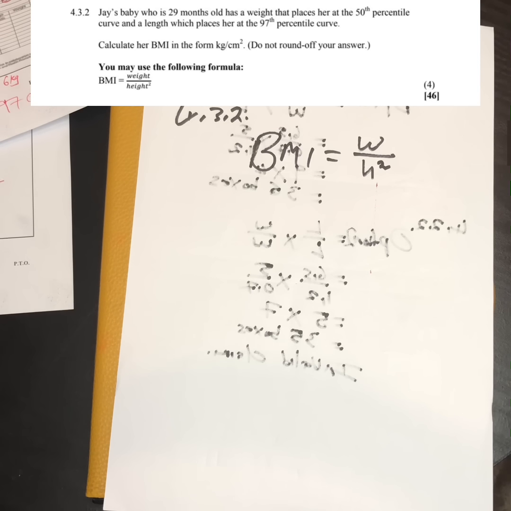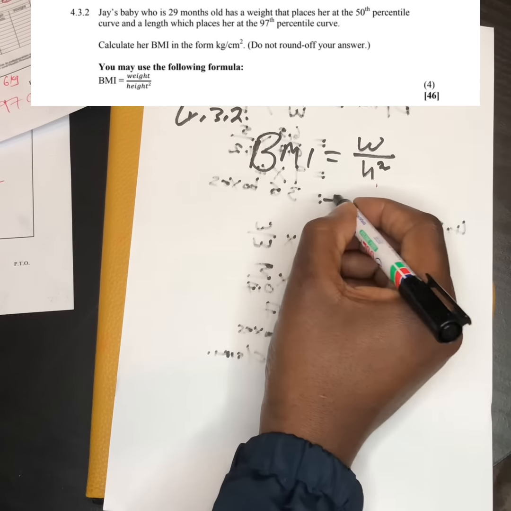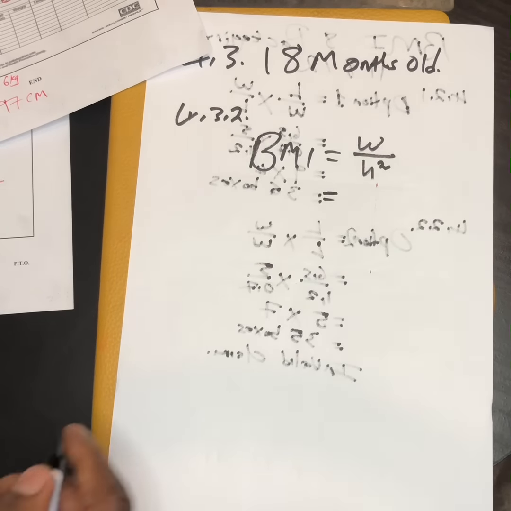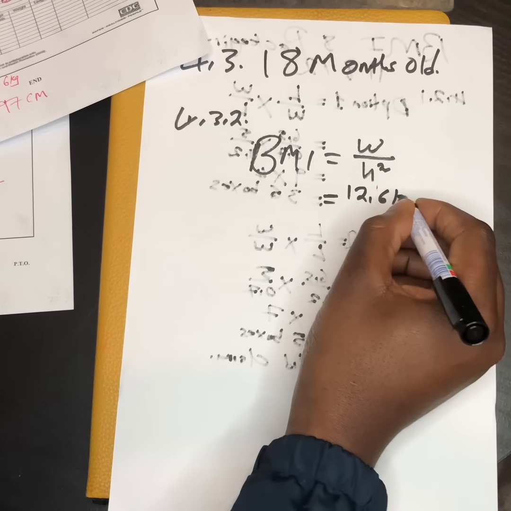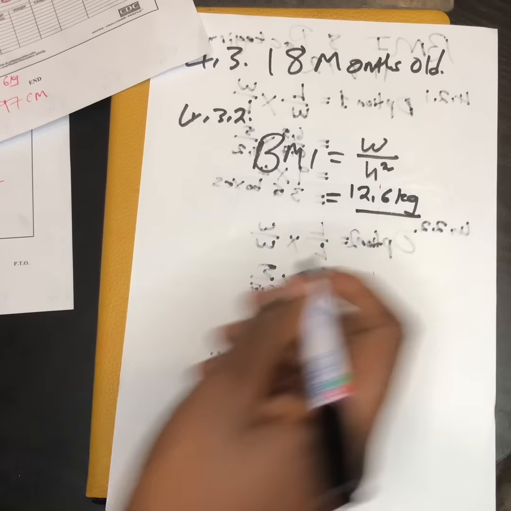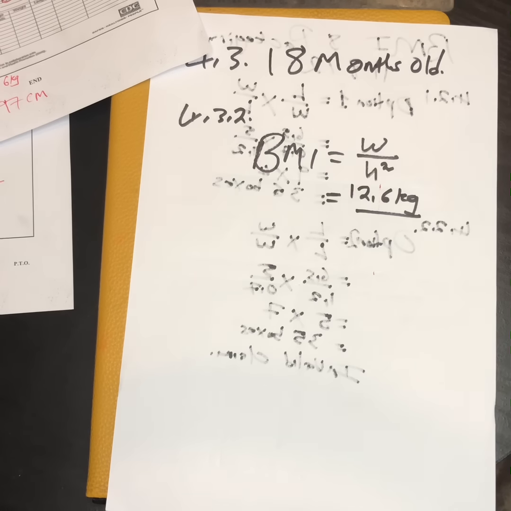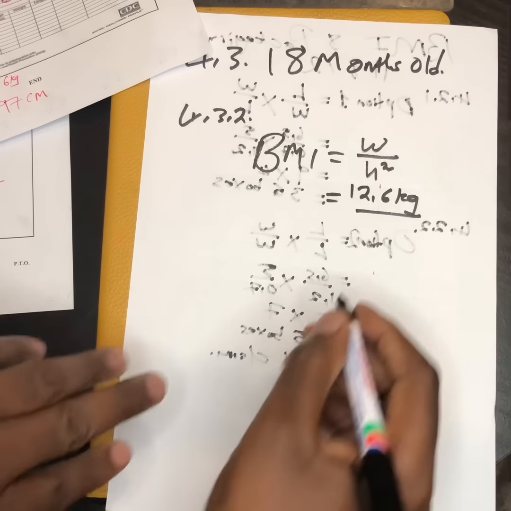But in this case, our height is in centimeters squared. Even the question said that your answer must be in centimeter squared. So there's nothing that you need to do. You must not convert anything. Our weight, we said, is 12.6 kg divided by our height. What is our height here? It's 97 squared.